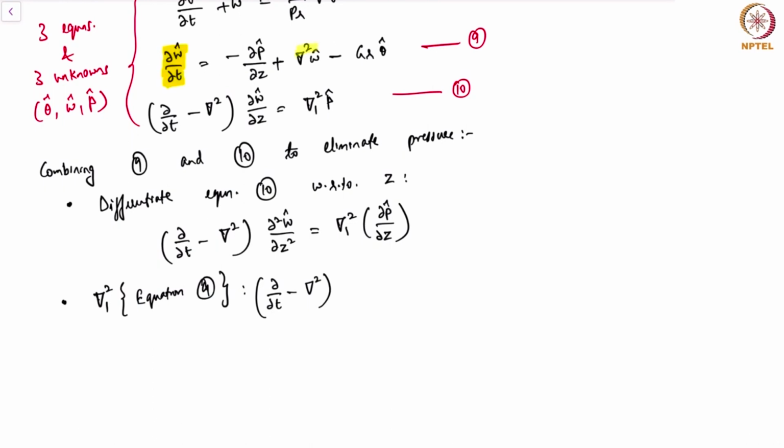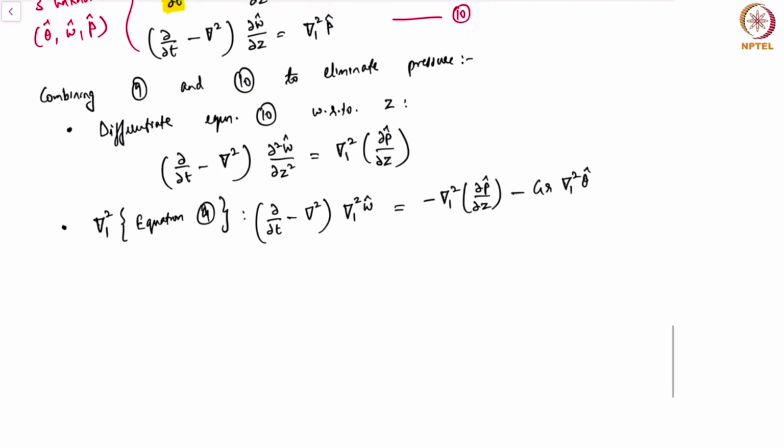This term and this term I have already written here. But now I have w square. Instead of w square, we get del 1 square of w hat. This essentially becomes minus del 1 square of del p hat by del z. And finally, I have the last term, which is gr del 1 square of theta hat.